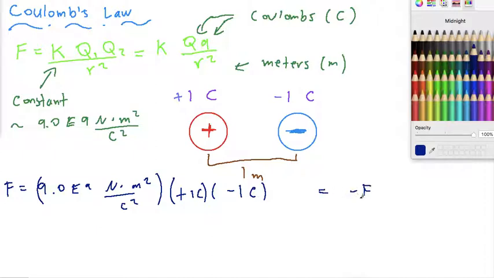So you may say, okay, negatives are going to attract and positives are going to repel, correct? Because a positive and a positive would give you a positive force that would repel, and a negative would give you an attraction. So you may do that.